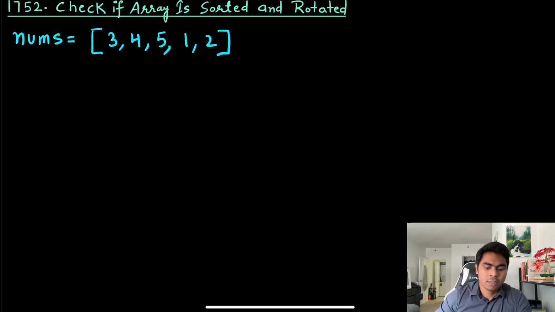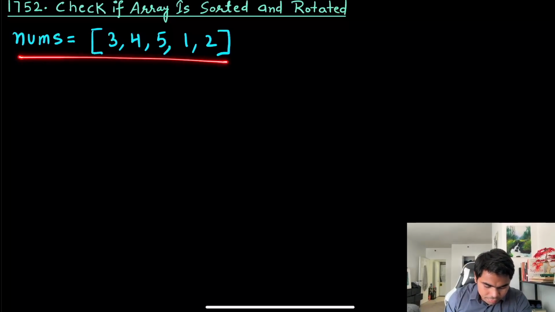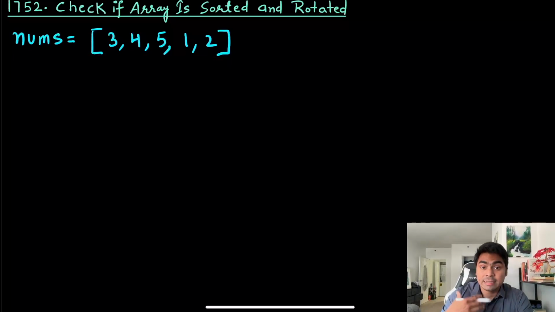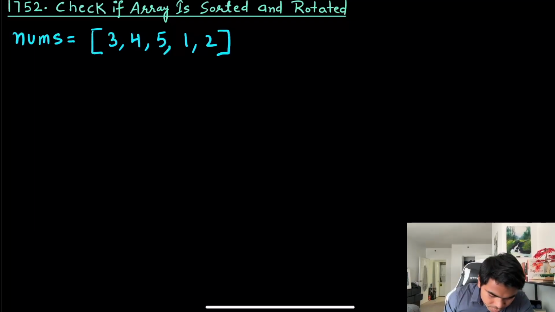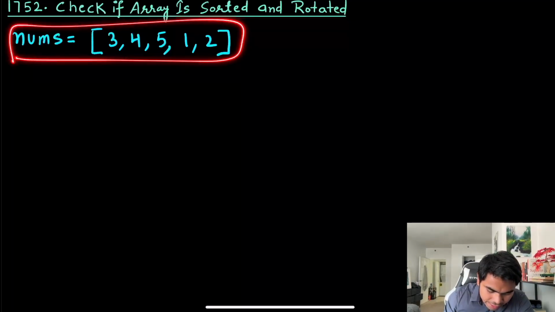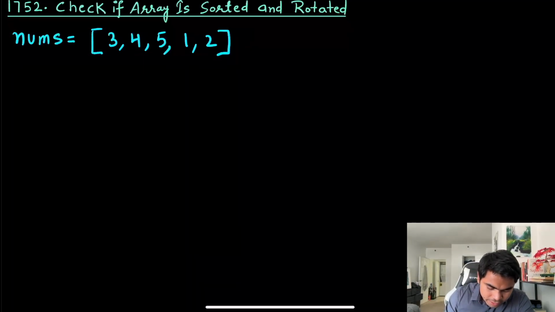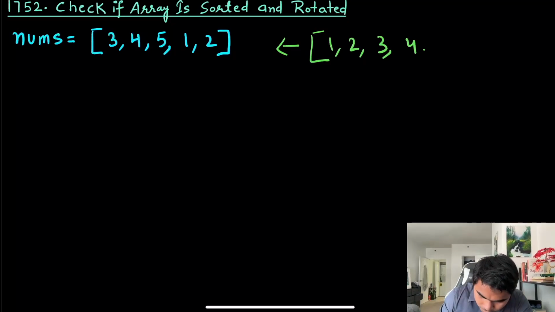So let me change the view. This is the first example that I've taken. We are given this nums. We need to basically return whether this nums array was sorted and has been rotated. So basically, this array initially was sorted and an operation has been done on it. Originally, this array must have been 1, 2, 3, 4, and 5.